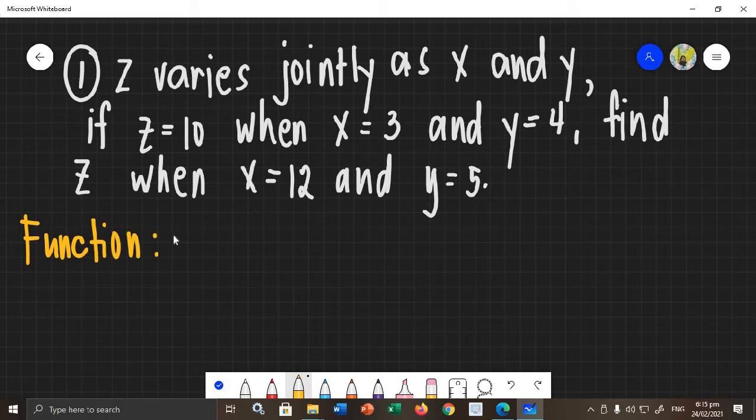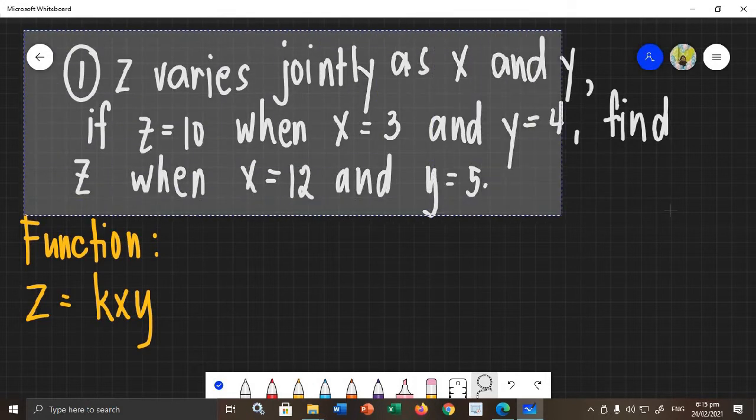So z varies jointly as x and y can be written as this. Z is equal to k, again don't forget k, which is the constant of your variation, and then x, y. So z is equal to kxy will be the formula that you're going to use to solve the given problem. Okay?